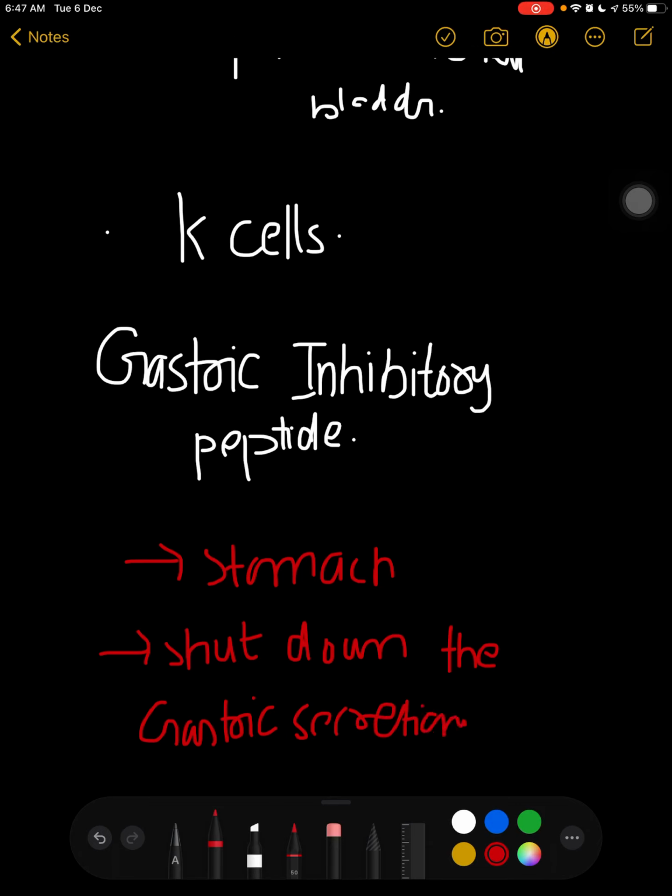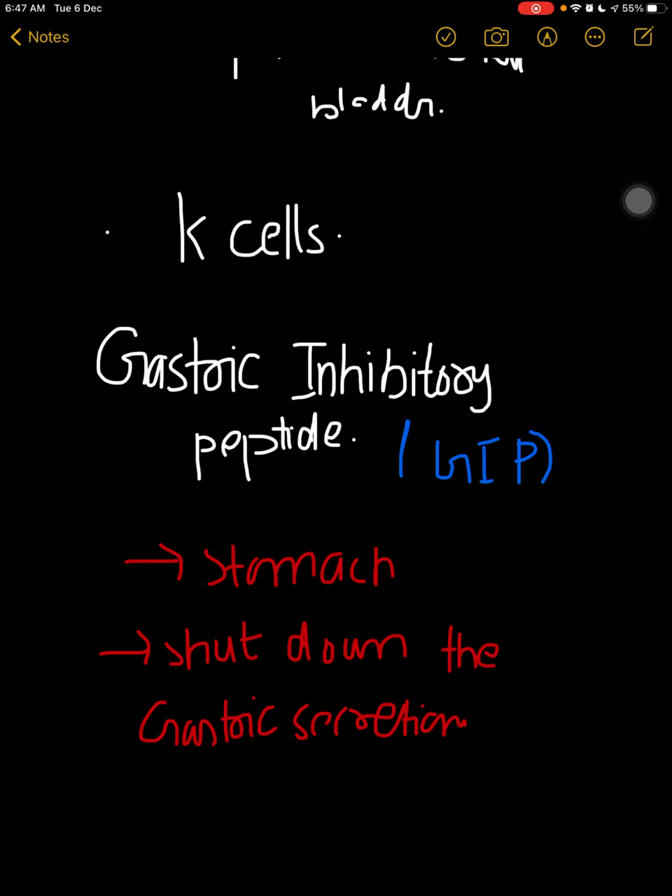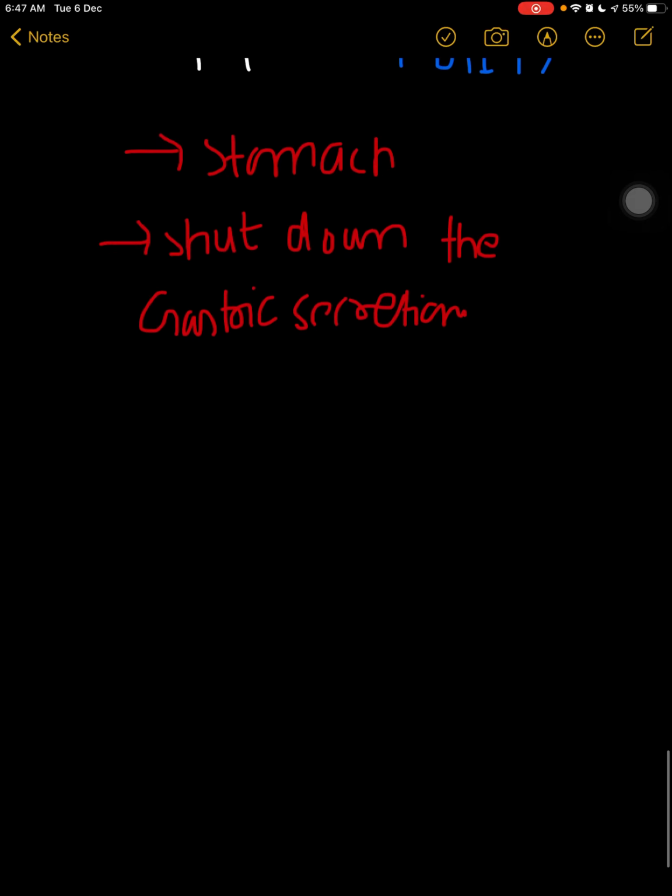Obviously the food is now in the small intestine, so what is the work of gastric secretion there? Our body never wastes anything. So gastric inhibitory peptide, also known as GIP, is released by K cells present in the duodenum, and it shuts down the gastric secretion.